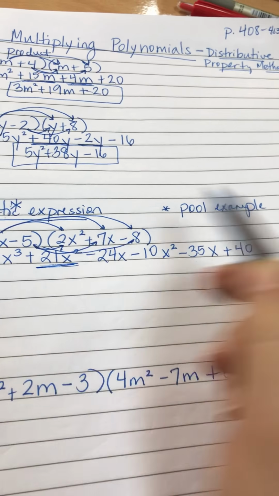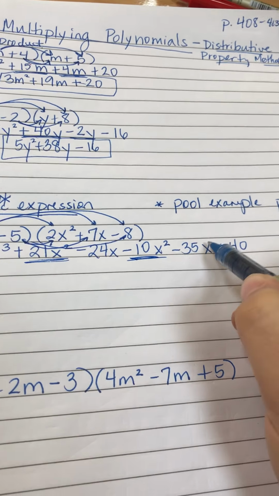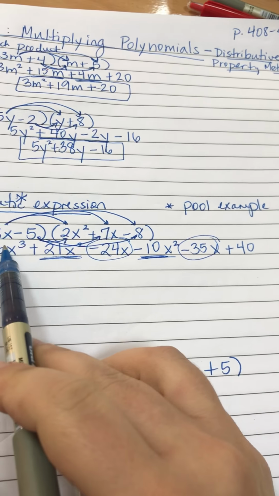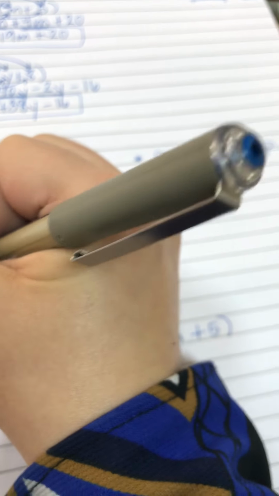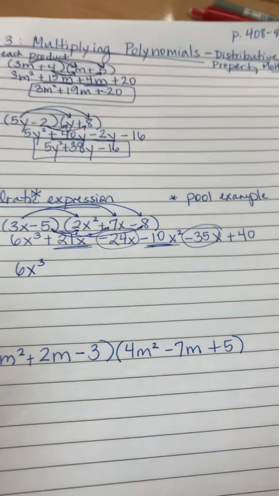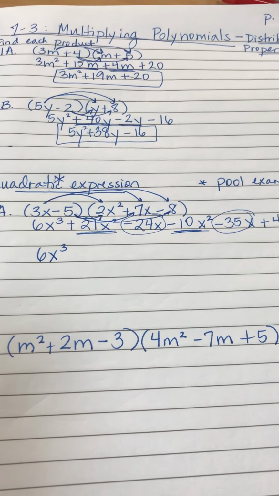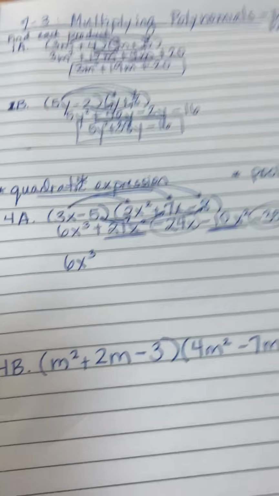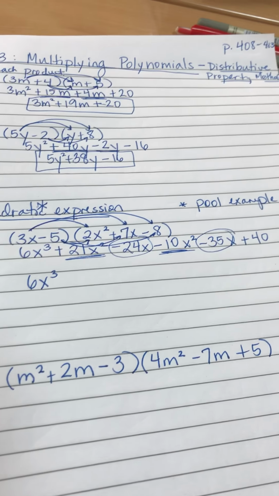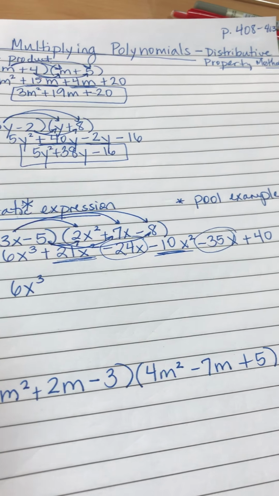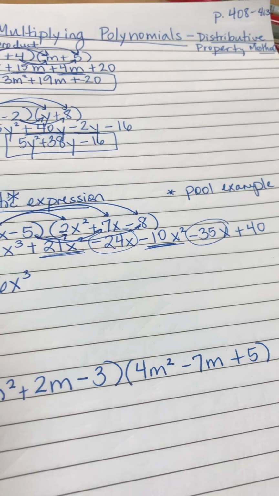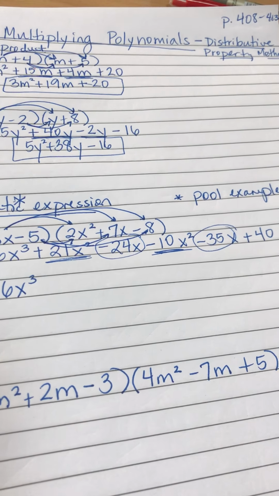So here's an x squared, and here's an x squared, here's an x, and here's an x. Okay, so I have 6x cubed. It doesn't have any like terms, so I'm going to keep it at the front, and I don't need to add or subtract anything from that one. And then I have a positive 21 and a negative 10.